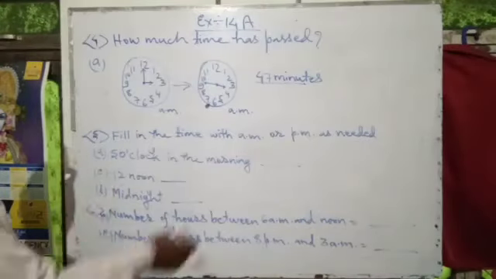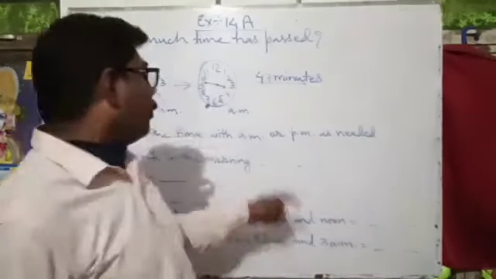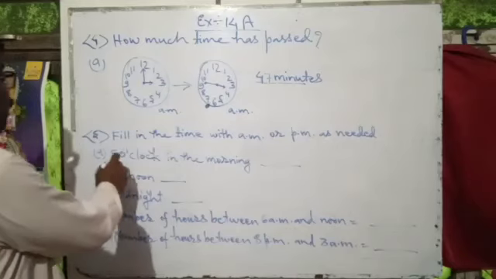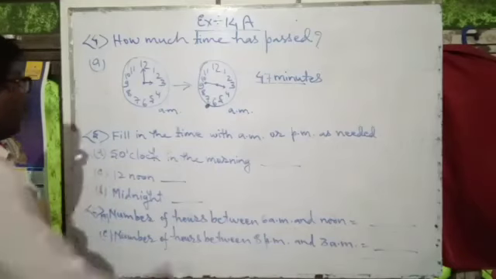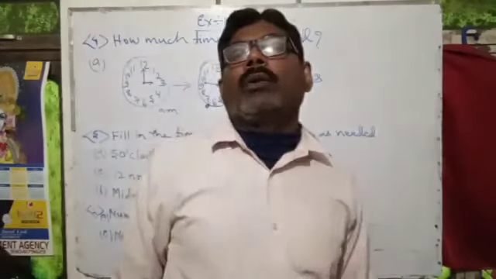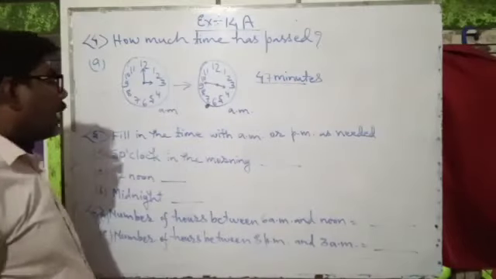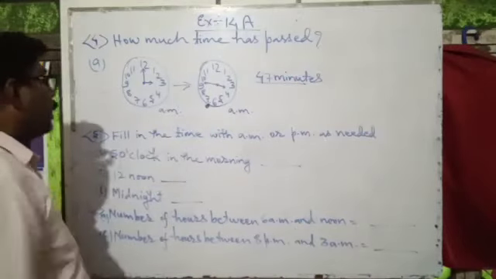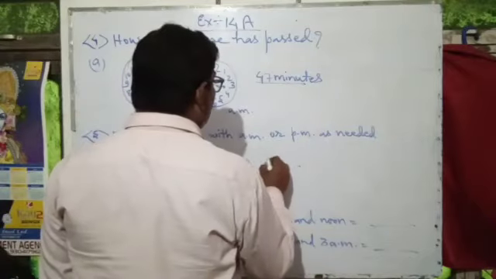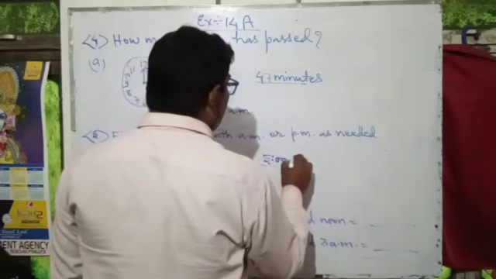And after 12 noon, we indicate PM, that means post-meridian. Here, 5 o'clock in the morning. Just as I have told you, from midnight AM starts. That means 5 o'clock in the morning shows 5 AM.